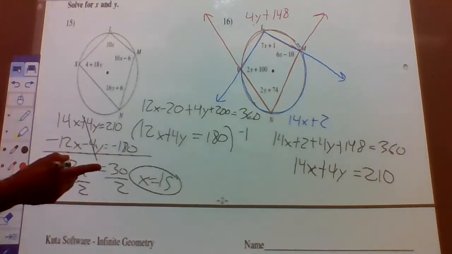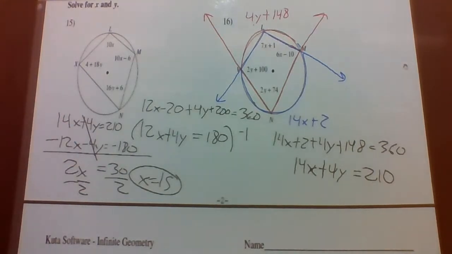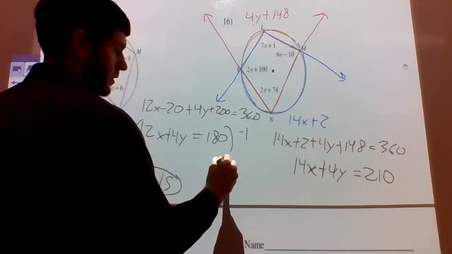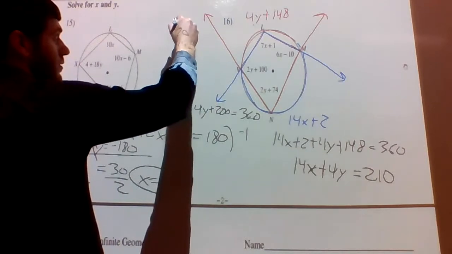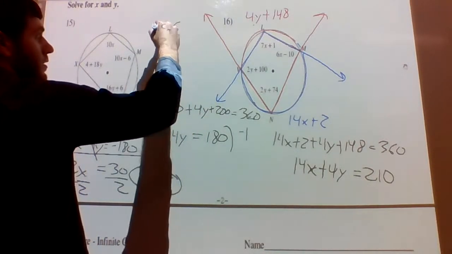Substitute back in. So either one would work. Both are probably 14 times 15. So let's plug it in here. 14 times 15 is going to be, oops, I don't know.